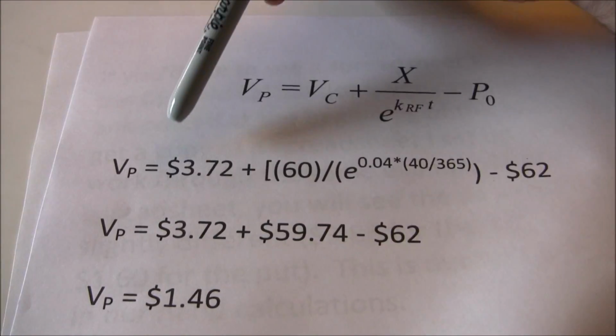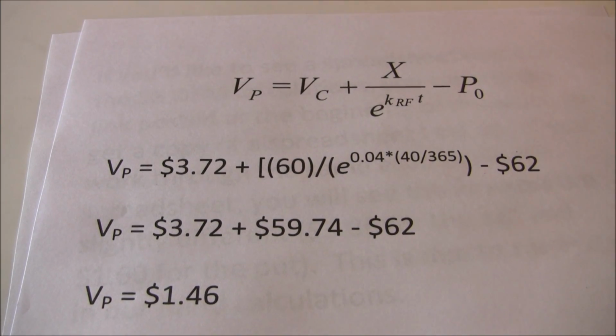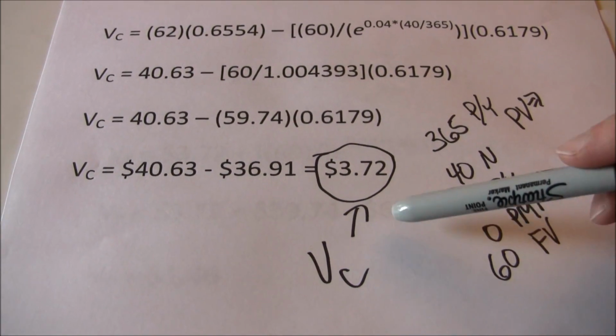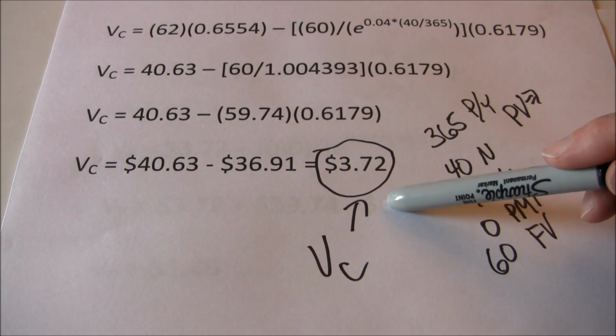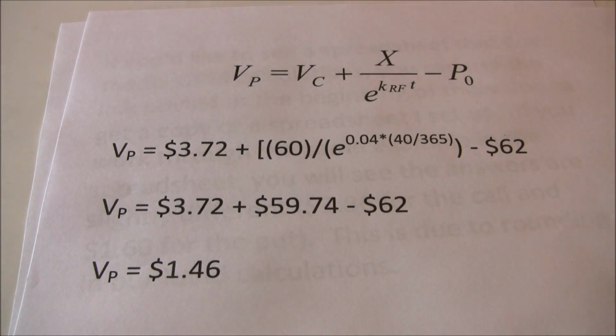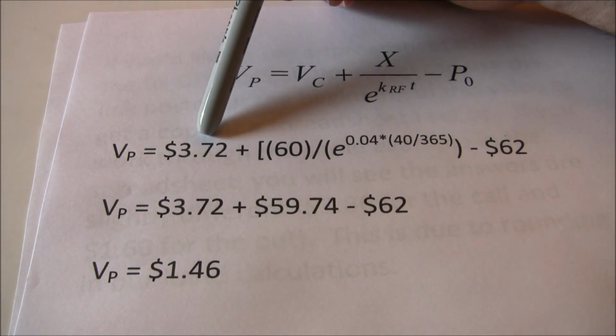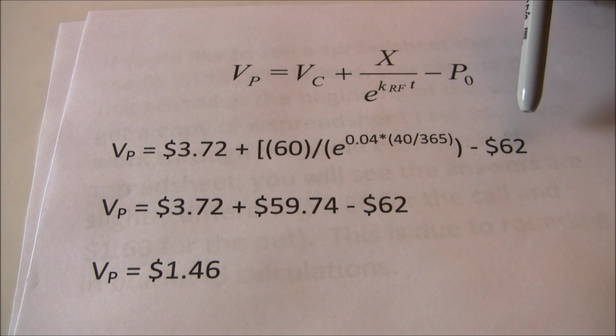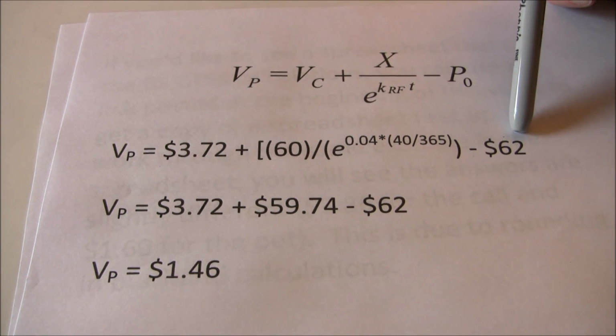So our previous example, remember we said the value of the call. We solved for that and got $3.72. So plug that into our value of the put, $3.72. Present value of the exercise price, subtract off current stock price.